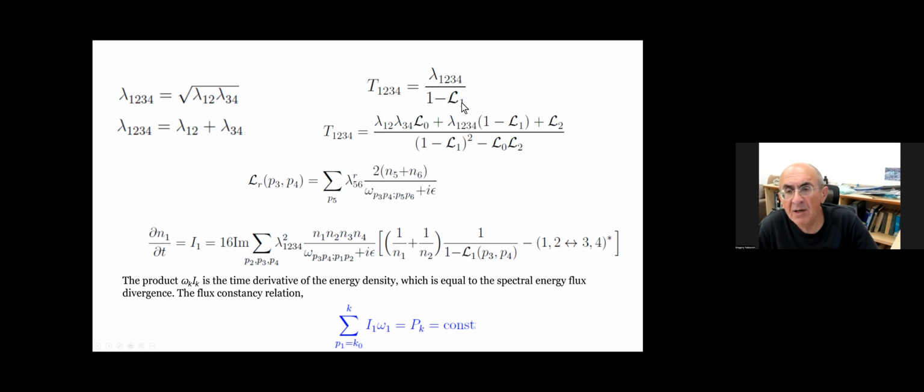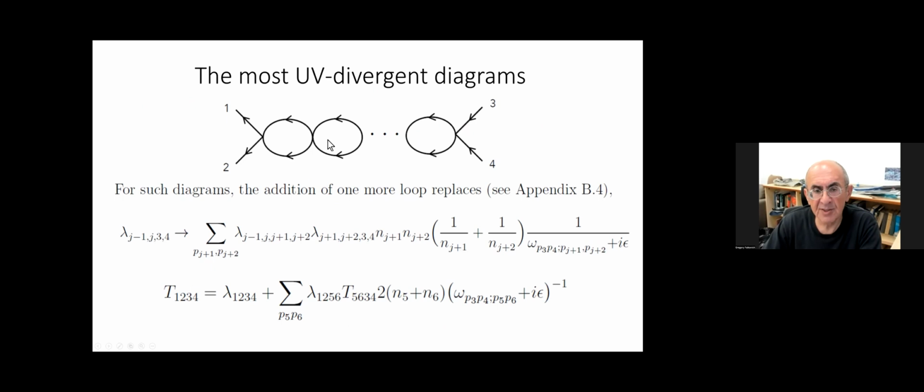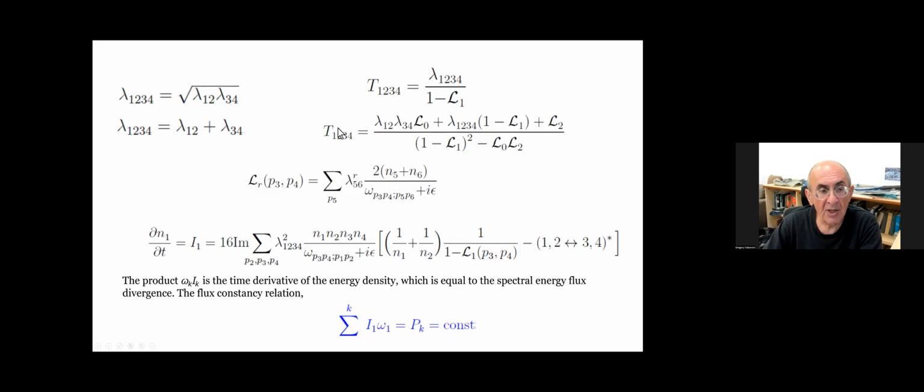And R is just what we call the loop integral. When you look at here, you see that it is this L1, which, like in field theory, is essentially summing a geometric series. So how do we get this expression? We get a geometric series summing all these bubbles, each one in this particular case of this product giving you the same factor, which is L1, and so you sum the geometric series, you get this expression, which tells you that your L1 in this case is your effective nonlinearity.